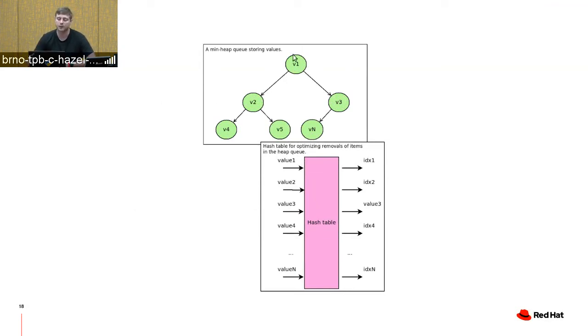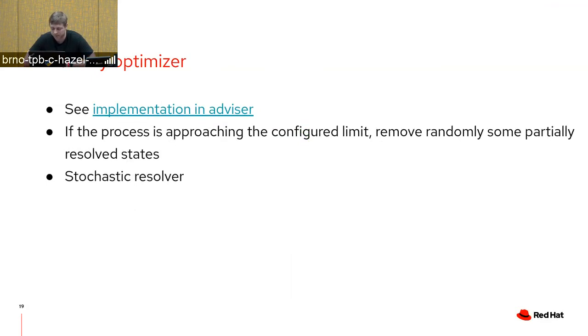So there is always access to the top-rated item, or the top-rated state, and we can easily remove items from the min heap queue using a shift operation that we will, I think, discuss briefly.